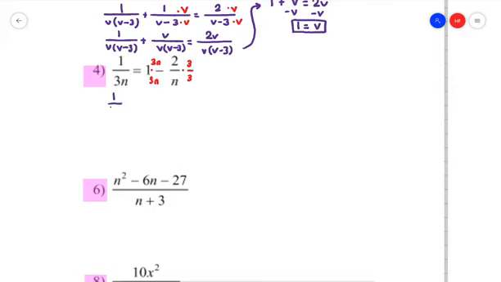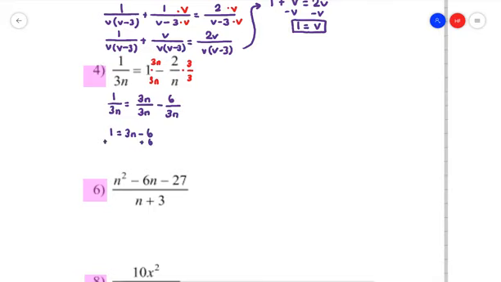So we get 1 over 3n equals 3n over 3n, which is the same thing as 1, minus 2 times 3 is 6 over 3n. Now we have a common denominator all the way across, so we'll say 1 equals 3n minus 6.